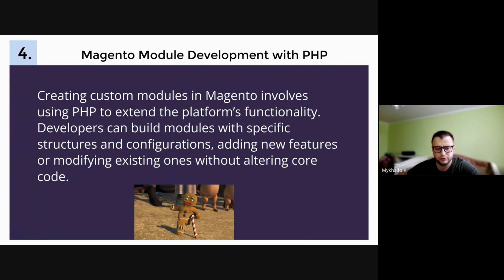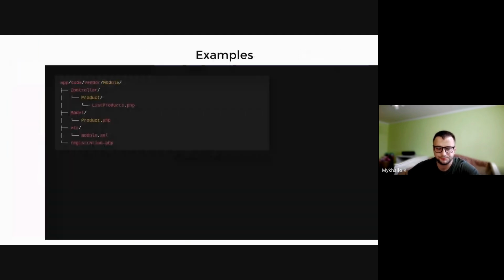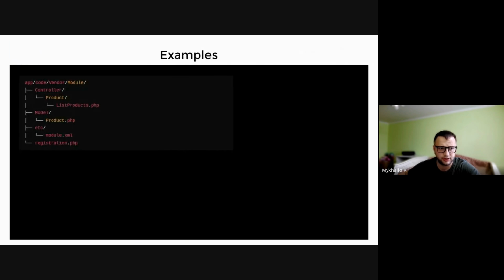We'll go through the process of creating a simple Magento module using PHP, demonstrating how to create a really simple module. So here's the basic module structure. We have the registration file, the module XML configuration file, and here we have our module and our controller.